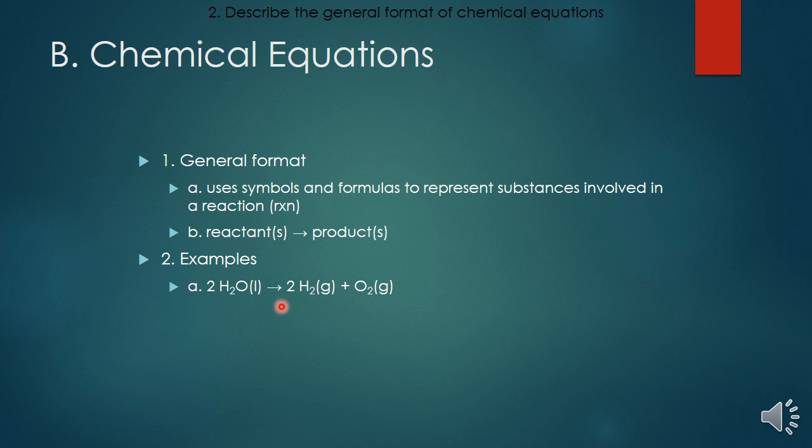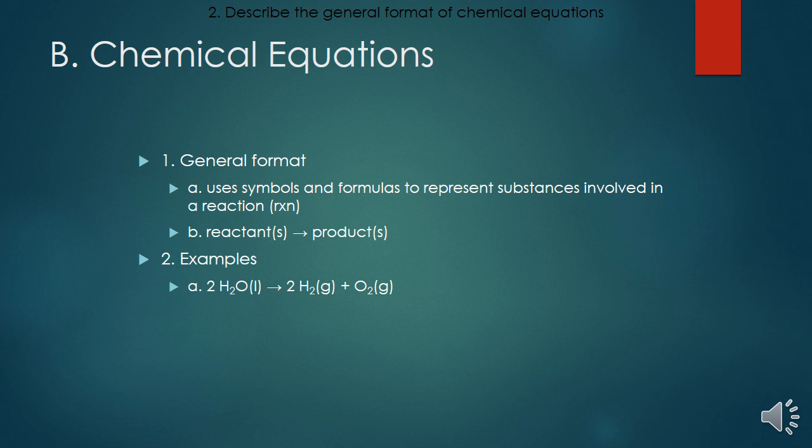Then we have an arrow and a plus sign, and next to each of these we have a letter in parentheses: the G next to the two elements, hydrogen and oxygen, and an L. I know that might look like the number 1, but it's actually the lowercase letter L in parentheses next to the formula for water.